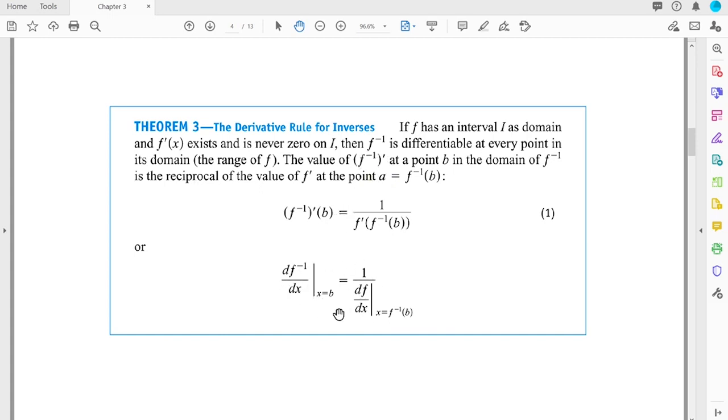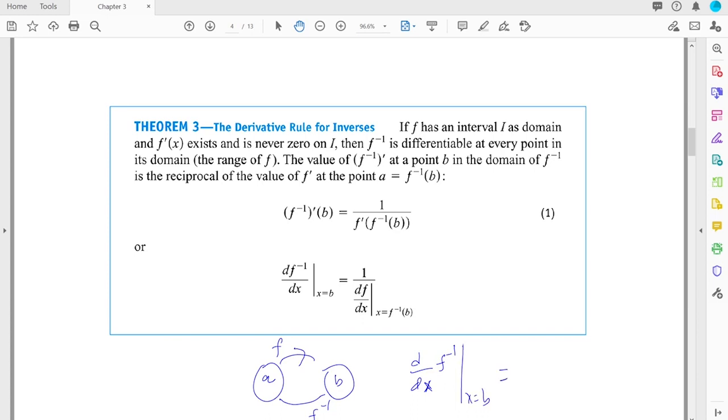If you want to see the relation, I'm just going to draw one thing here. Let's say there is a function f at point a which gives the value b, and we are interested in finding the derivative of the f inverse function at b. We want to find the derivative of f inverse with respect to x when x is b.